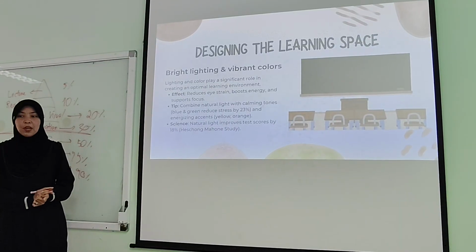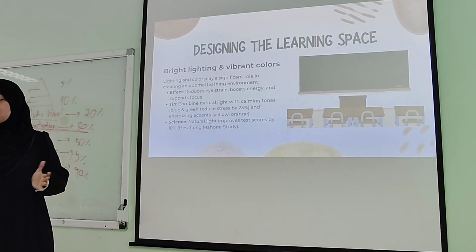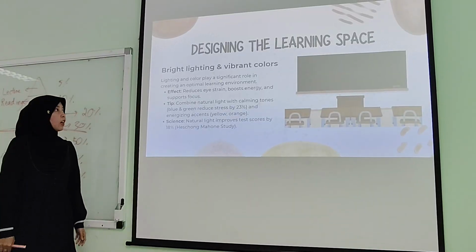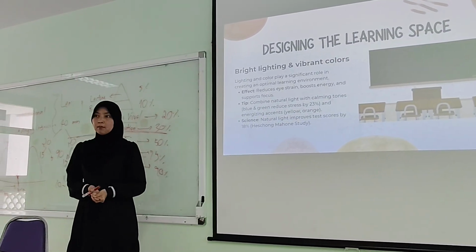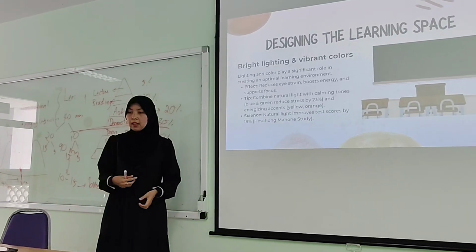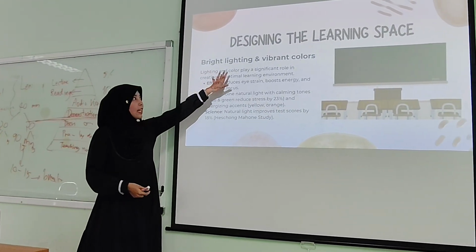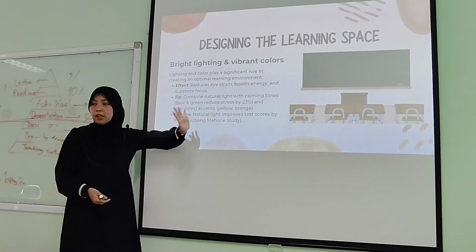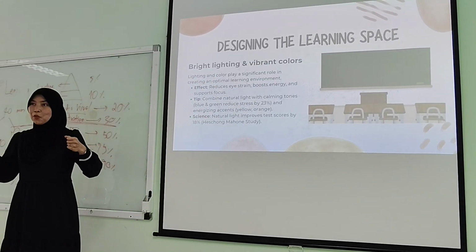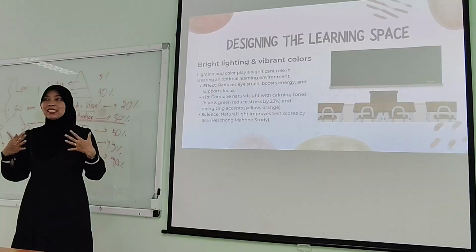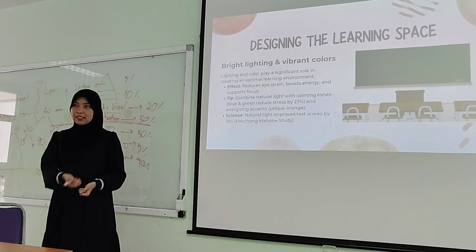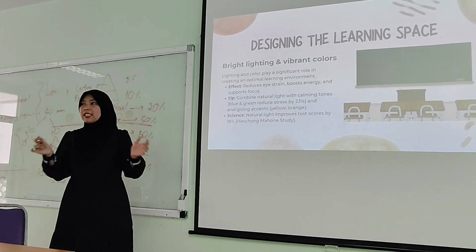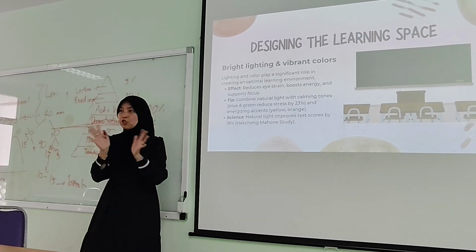And this one, design the learning space, like how we can create the classroom in a more effective way. Maybe we need bright lighting and vibrant color. This classroom should have light, for example like sun. It should not be crowded.